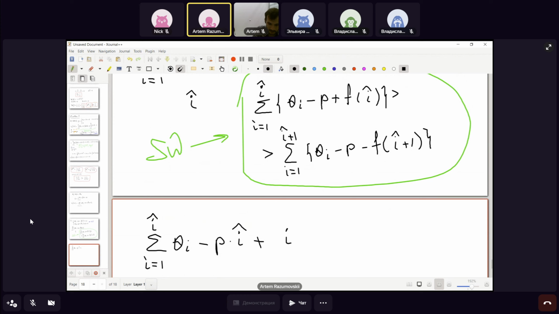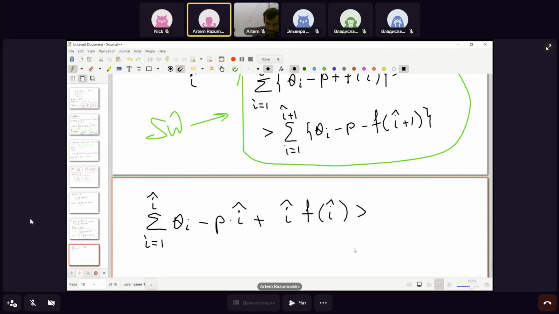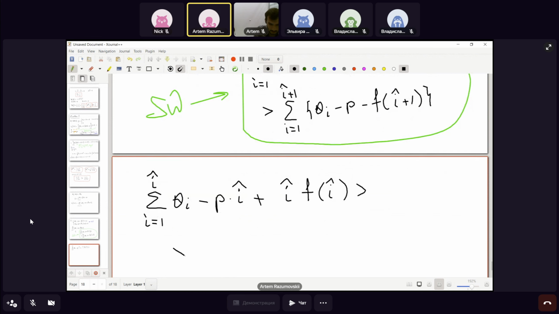So it will be I hat times the function of I hat. And on the right side, I have the sum of theta from 1 to I hat plus 1. I have the same price, but now multiplied by I hat plus 1.